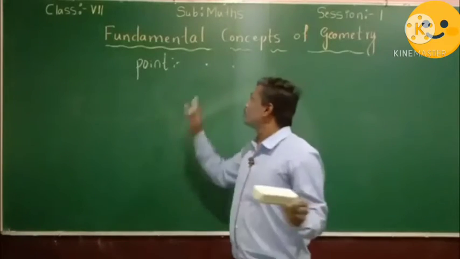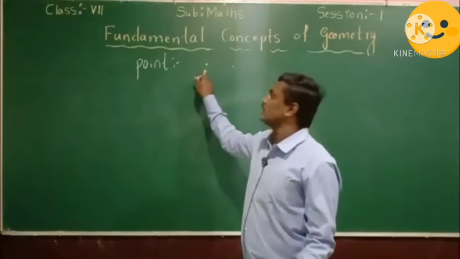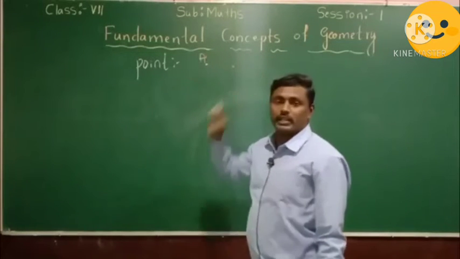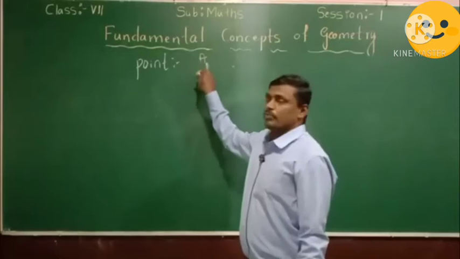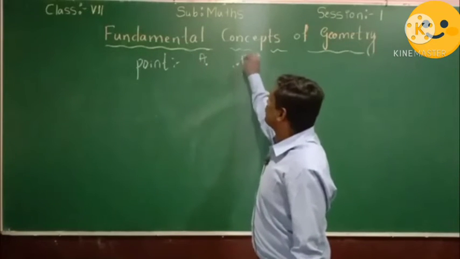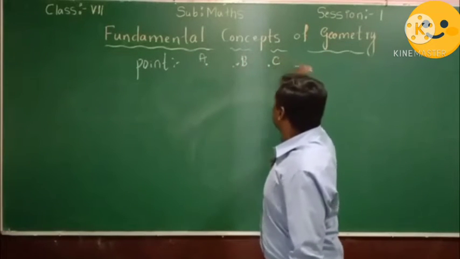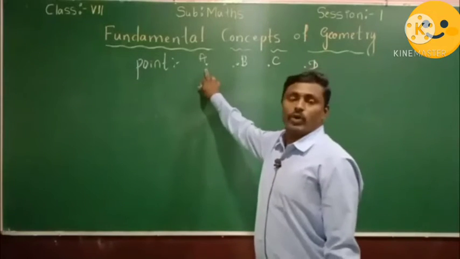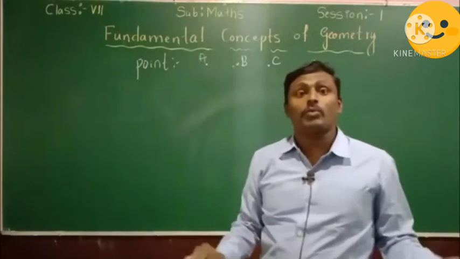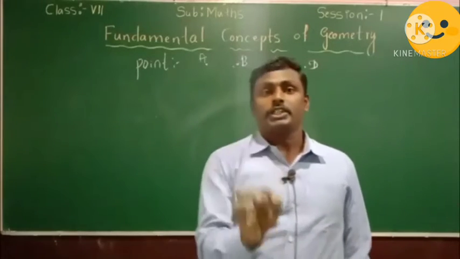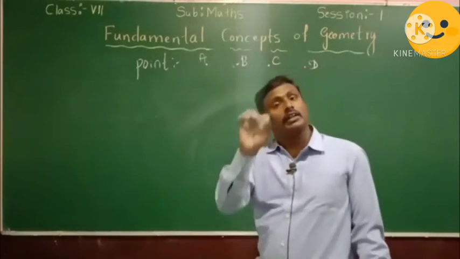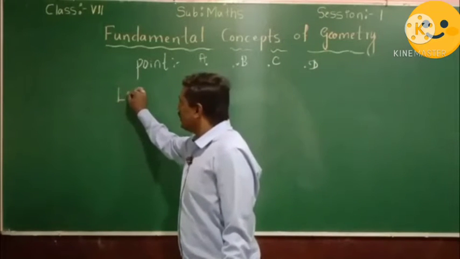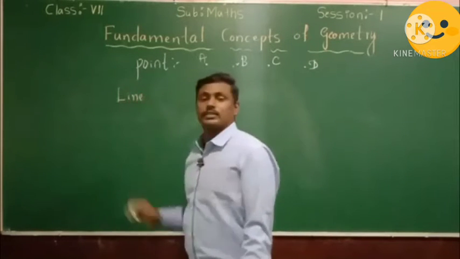It is purely dimensionless, and it is denoted by capital letters. This is point A, and next, point B, point C, point D. Without points we cannot form any geometrical shapes or figures. Clear?